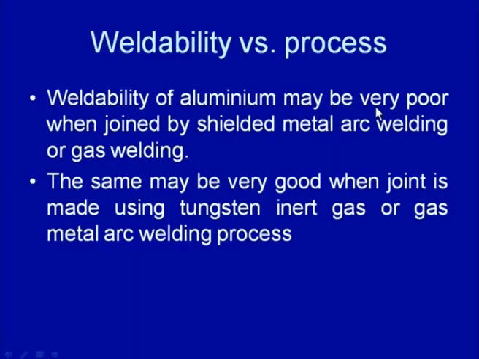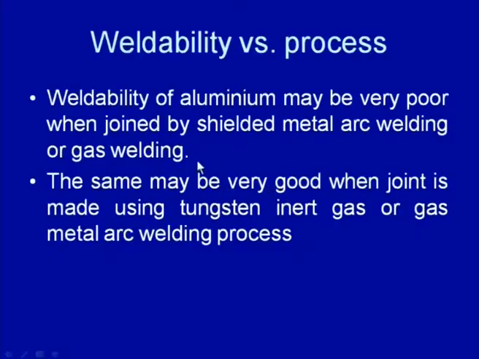Weldability of aluminum may be poor when welded using the SMAW process or gas welding. This is because of the high affinity of aluminum with atmospheric gases like oxygen. When aluminum reacts with oxygen, it forms refractory aluminum oxide, and it is found very difficult to melt this.